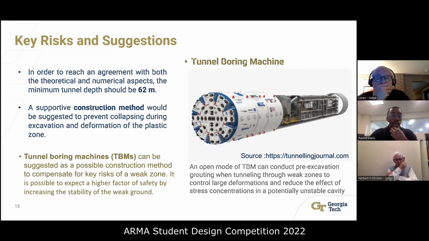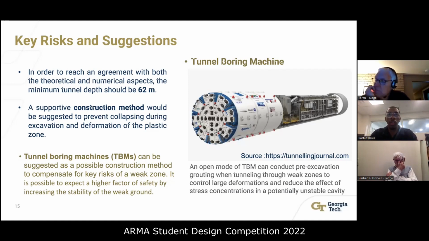We suggest tunnel boring machines as a possible construction method to compensate for the key risk of this weak zone at 62 meters. This is used to excavate with drilling, and it will reduce the effect of stress concentrations in potentially unstable areas during the excavation.